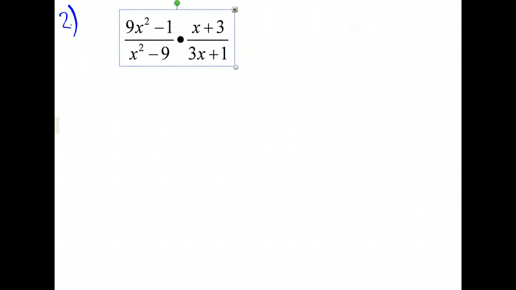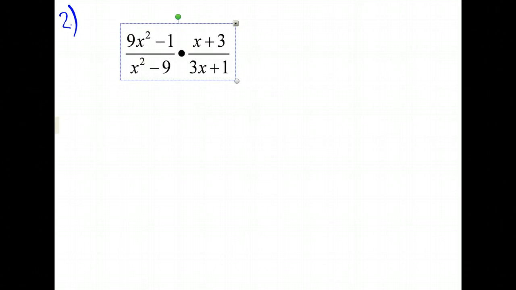Question number 2, we're asked to multiply this rational expression, and before we multiply, we should factor and see if anything reduces. So let's factor this as much as possible. Some common factors will probably cancel out. Here we have the difference of squares. This is 3x plus 1 times 3x minus 1.